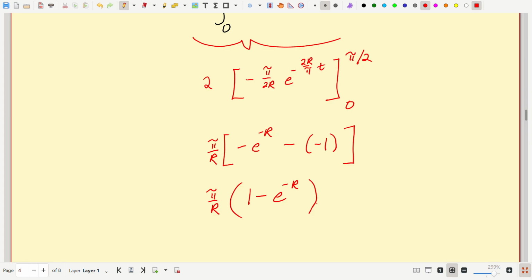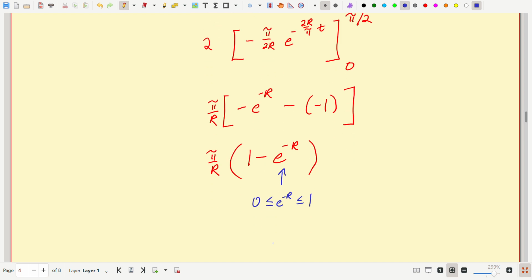And e to the minus r is less than or equal to 1. It's a number between 0 and 1. And so that's less than or equal to, I mean, 1 minus e to the minus r is less than or equal to 1.